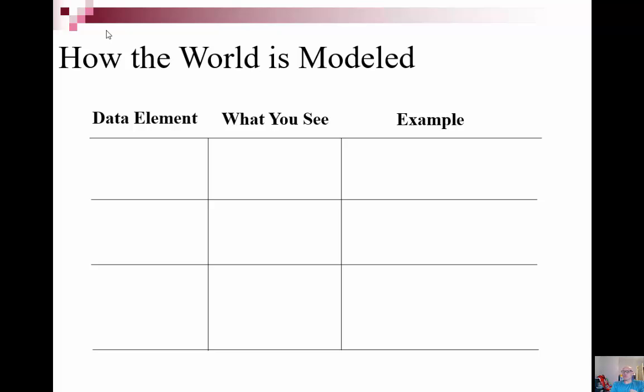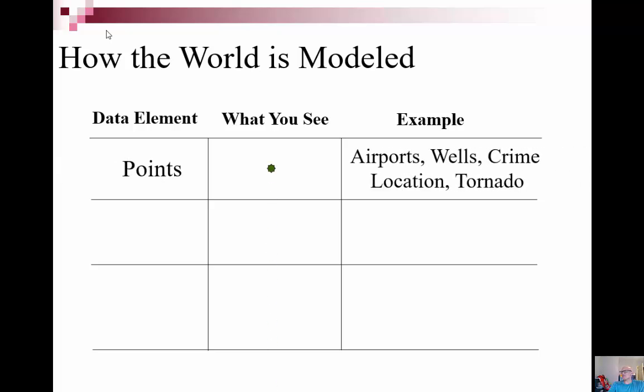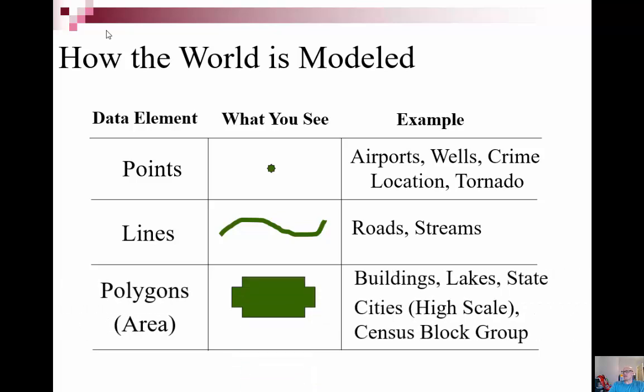When we model the world, we model points, lines, and polygons. Points could be represented as airports or wells or crime locations or tornadoes. Even though a crime might occur in a house, which is represented as a polygon, when we look at it at a city scale, we're not going to notice that little polygon. Same thing with lines, roads. Roads might have width, but if you're doing a survey for your block, you might want to represent those roads using a polygon.